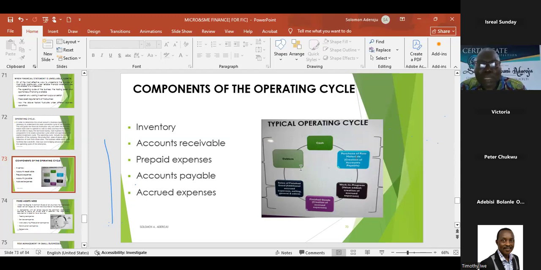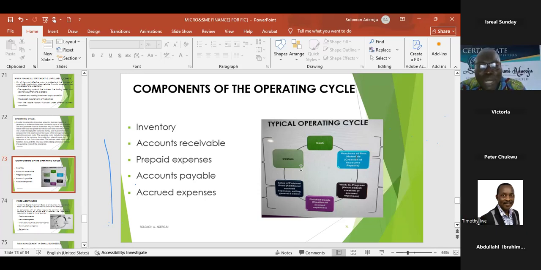At raw material, either where they are sourcing the raw material is far, or they are going to import. Or we also talk of the quality of the raw material as well. So raw material can stagnate the cycle and tie down the money of that company.